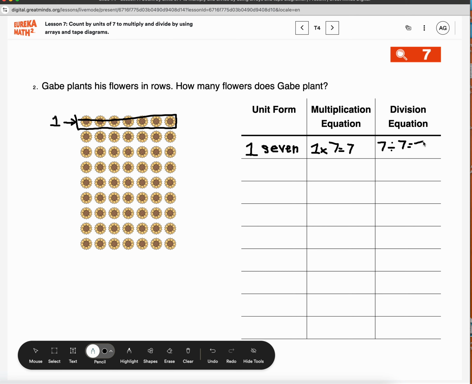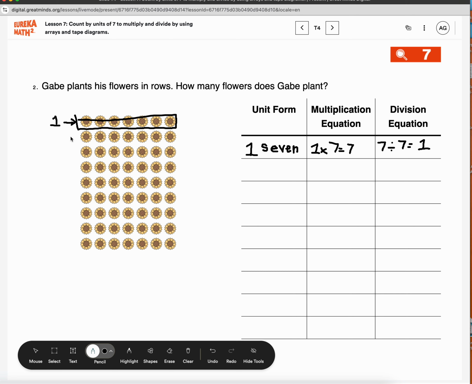I have 1. 7 divided by 7 is equal to 1. And you're going to just keep going and repeating this. I'm also going to erase that S because that's a horrible S. You're going to repeat this process for each of your rows, each of your math facts for 7.